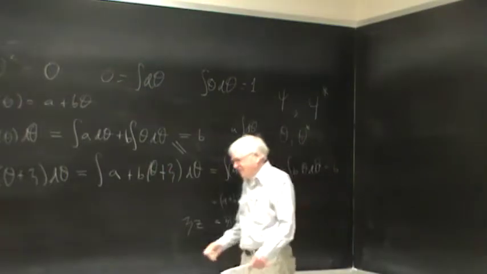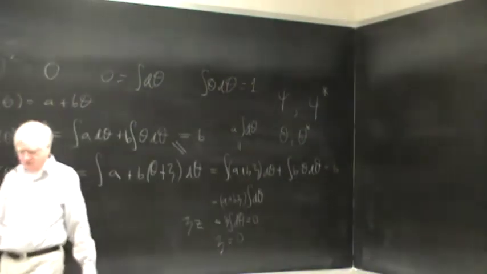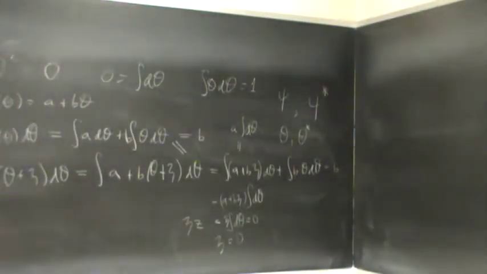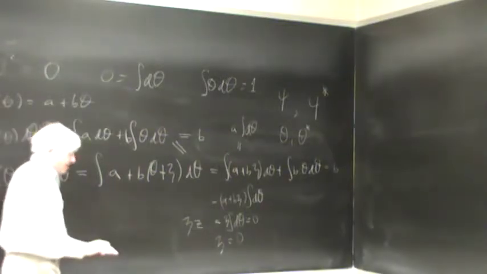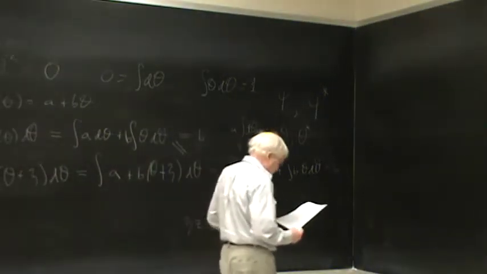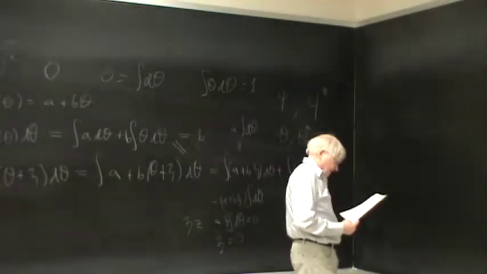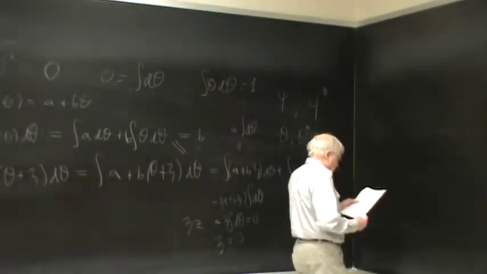So because our fermion fields are complex, we're going to start out with effectively complex Grassmann variables.